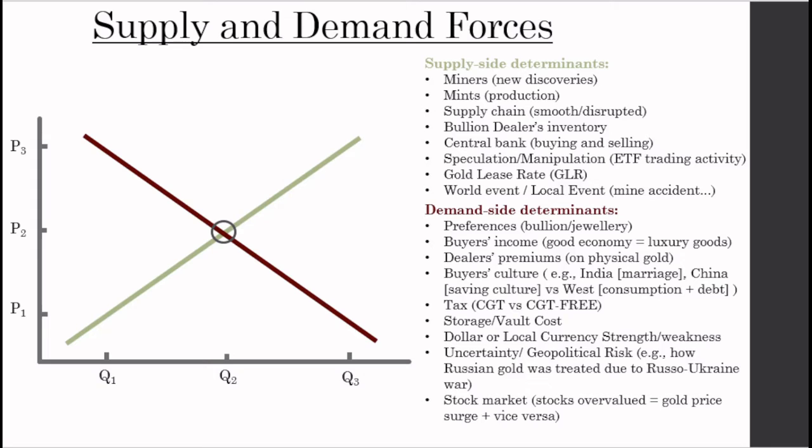Now, when the GLR is low, that makes it more attractive for institutions to lease the gold. And if it's more attractive, if it's cheaper, right, because it's a lower rate, then that would mean more gold is leased, which is short selling, right?